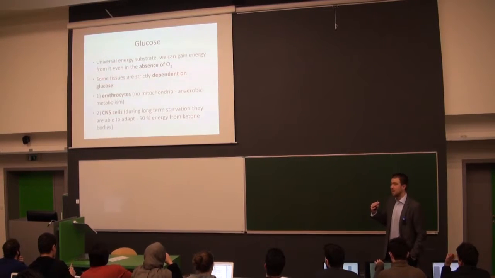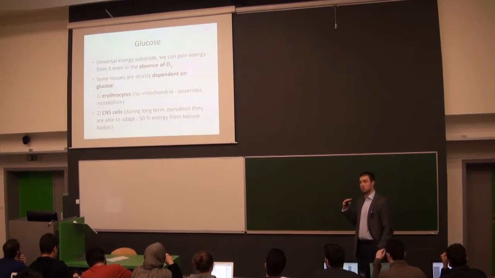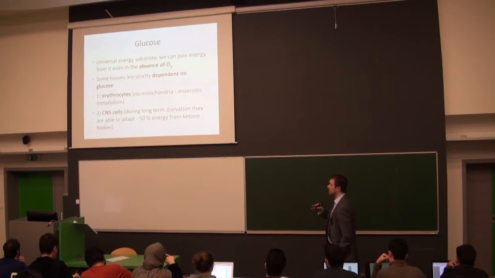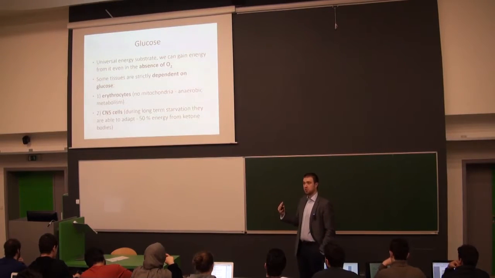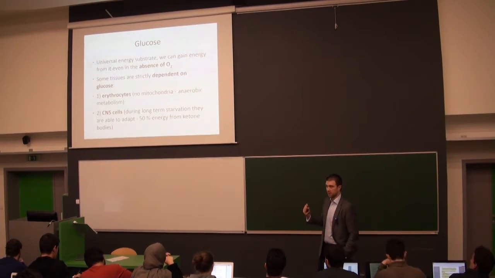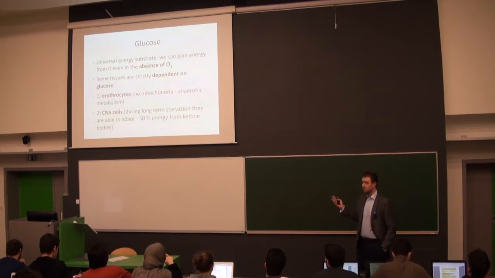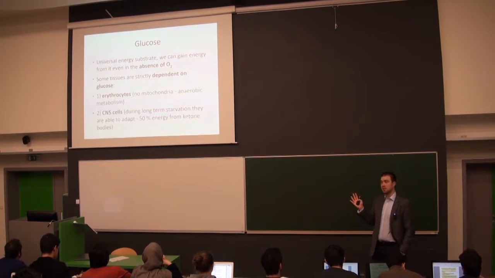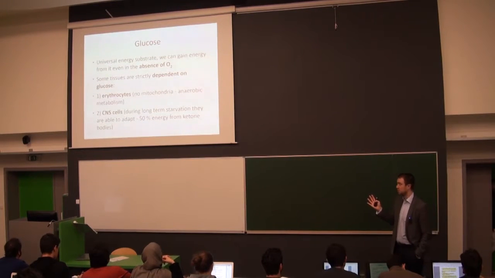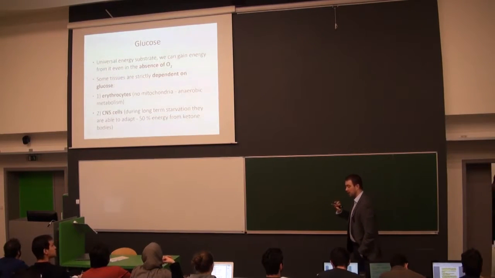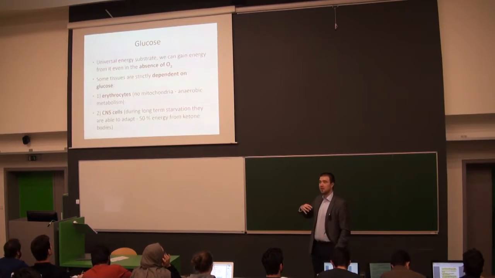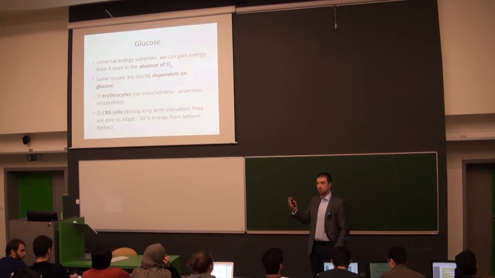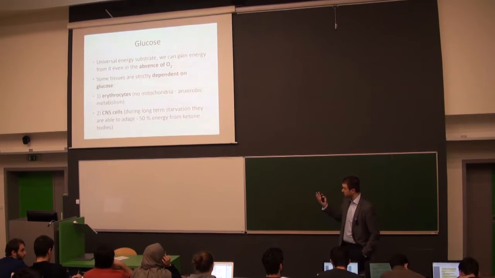That means that they use only glucose molecules, or they need a very long adaptation to start utilizing other molecules. For example, erythrocytes, since they have no mitochondria, can utilize only glucose for energy, since only glycolysis is able to give them enough ATP from the whole energy metabolism outside the mitochondria.